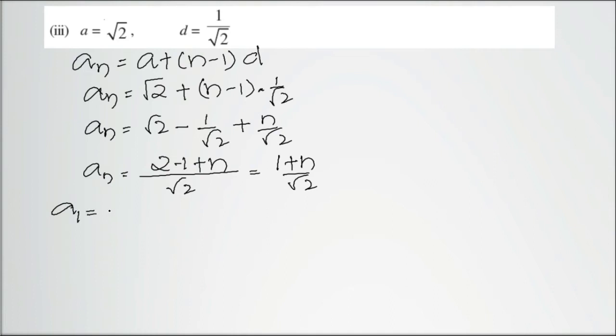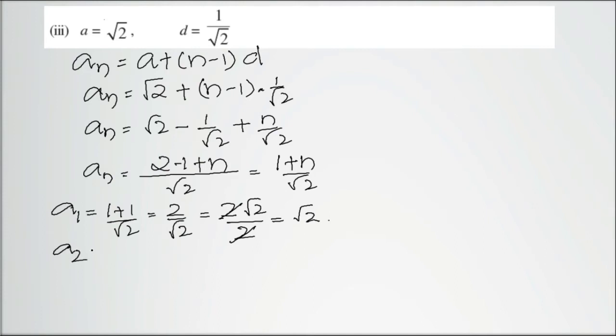Now let us find the first term. It will be 1 plus 1 by root 2, nothing but 2 by root 2. 2 is same as root 2 into root 2. Or else you can rationalize the denominator. We will be getting 2 root 2 upon 2. 2 gets cancelled and the value becomes root 2. This is the first term. Second term is 1 plus 2 by root 2, which is 3 by root 2.